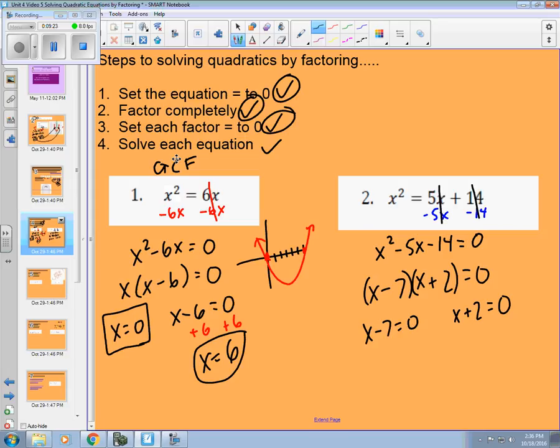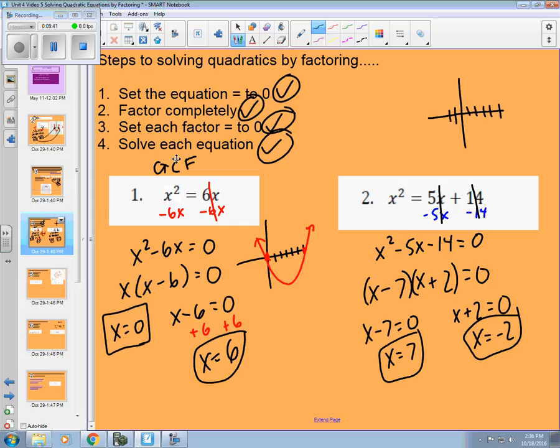Last, solve them. If we add 7 here, the one answer is 7. If we minus 2 on the other one, the other answer is negative 2. Now we got our answers. That would be the solution. Again, if you were to graph this one, you would see that at 7 and negative 2, those would be the two locations that this parabola crosses through the x-axis.